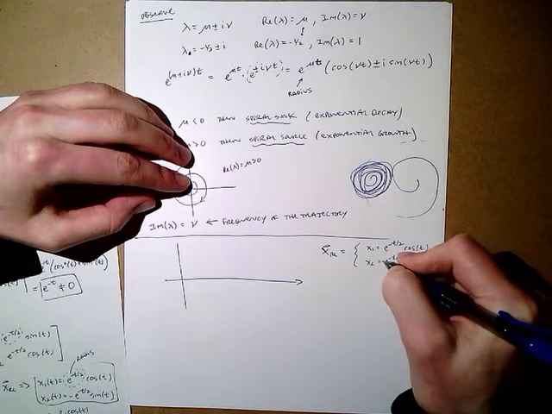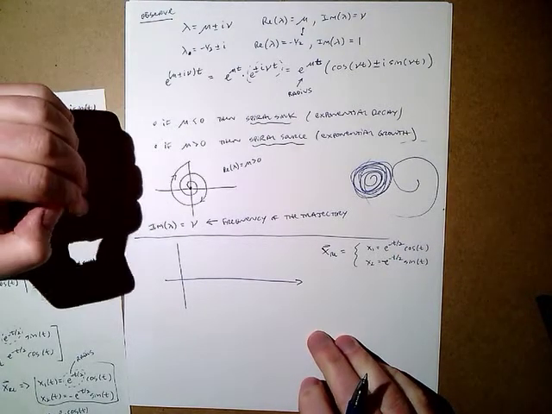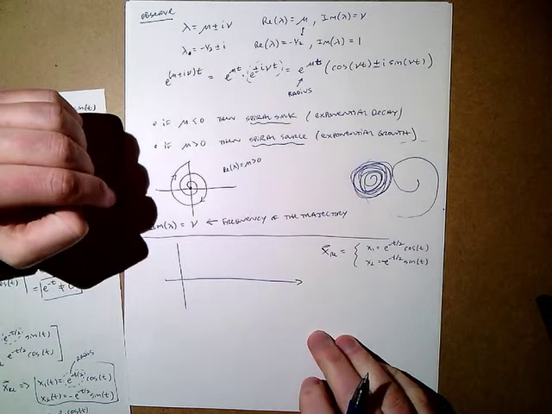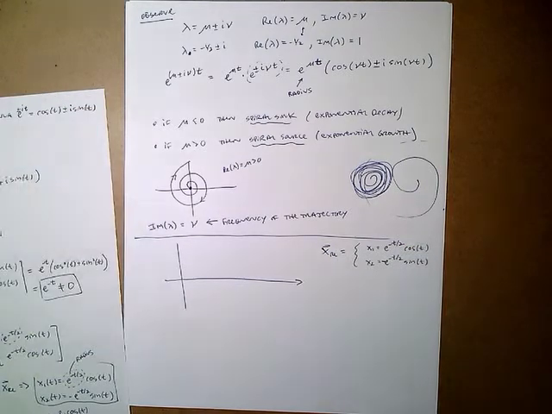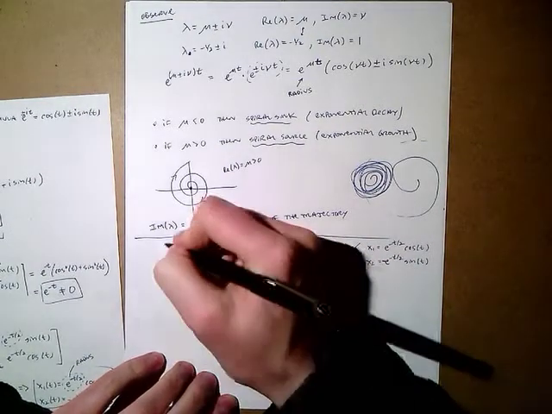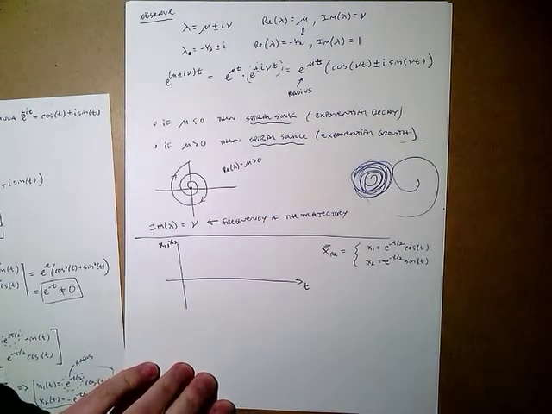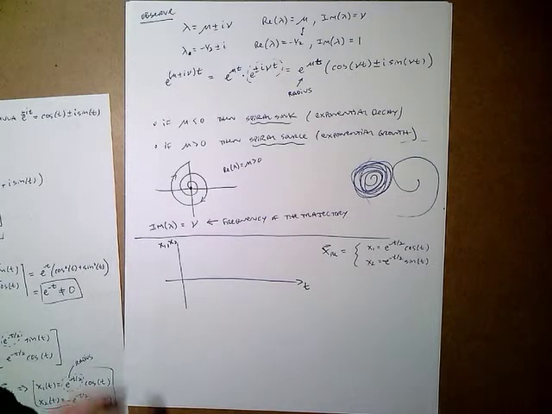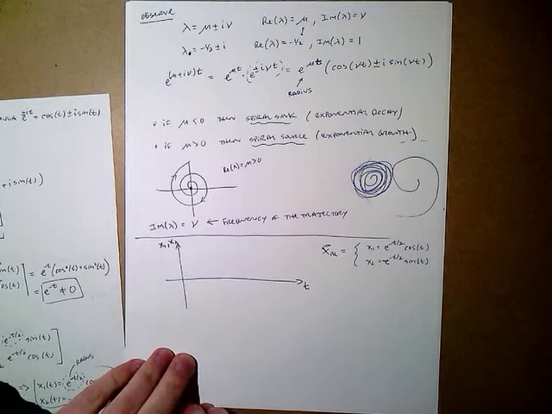Oops, there's a minus sign here. So we can kind of see where this frequency might occur by looking at the component solutions of, say, just the real vector. Okay, so in the component plot, what we do is we plot one or the other components against time, and we just plot and see what these functions are doing.